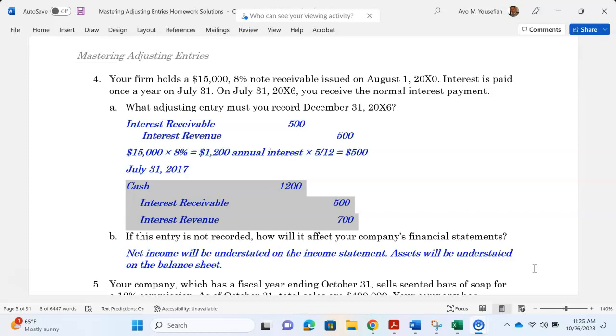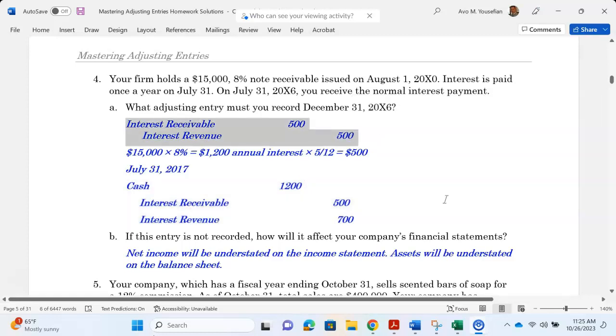B, if this entry is not recorded, how will it affect your company's financial statements? So if you don't recognize this adjusting journal entry, your asset, interest receivable, will be understated. If the asset is understated, then your revenue will be also understated.